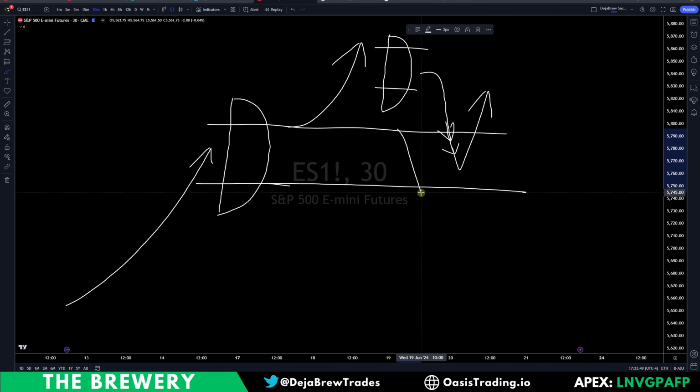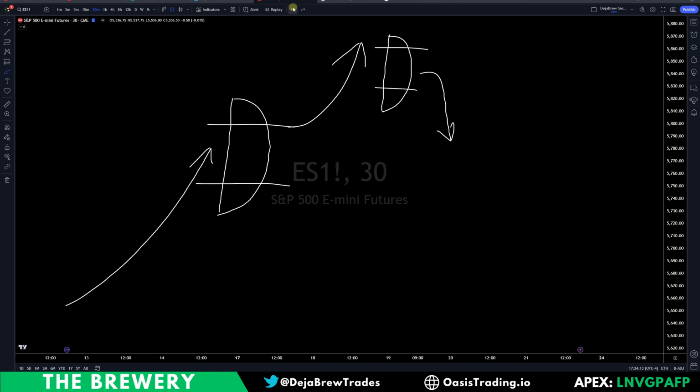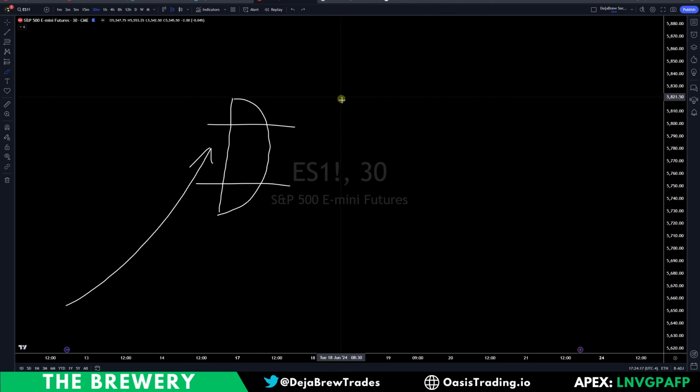This retrace was supposed to happen once we started to develop value below that value area high. So once we had some 30-minute closes, or whatever time frame you want to watch, typically I watch the 30-minute closes, once we start to build up that value by closing some candles below that value area high, the market is telling you that it wants to rotate back to that value area low. If it fails to finish that rotation, that is a failure to rotate.